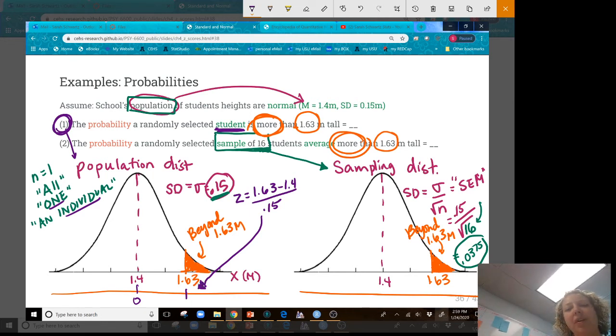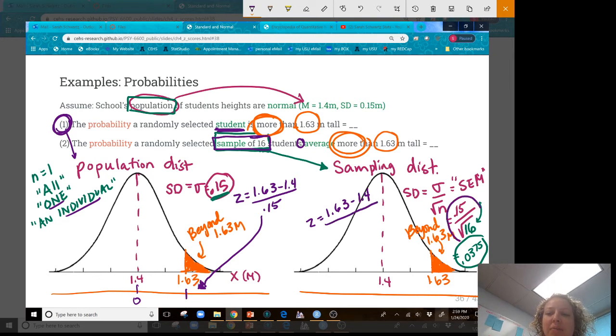The second problem says a sample of 16 students. Not all of them, and not singular one. A sample. So when we do our z-score, the top numbers are all the same, but the bottom number needs to be 0.15 divided by the square root of the sample size. And that's the difference between these two problems. It's very slight in the wording.